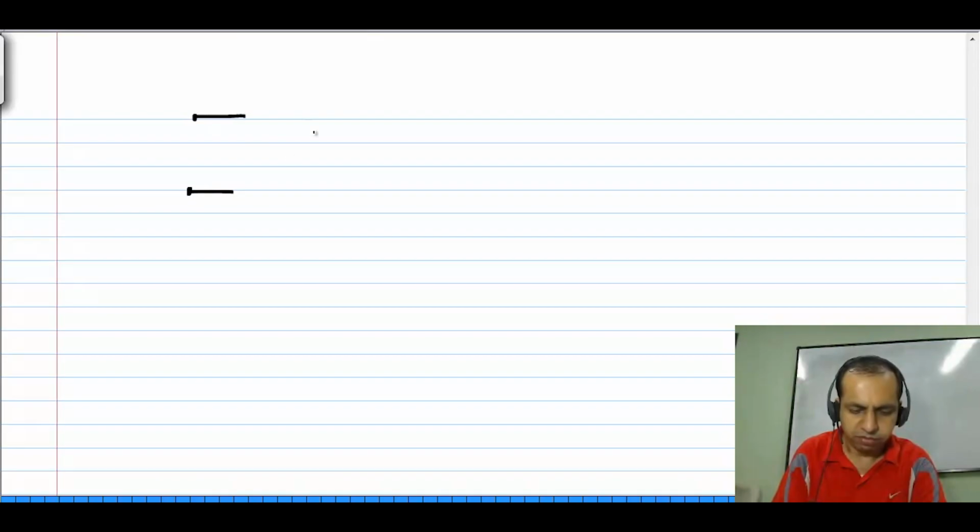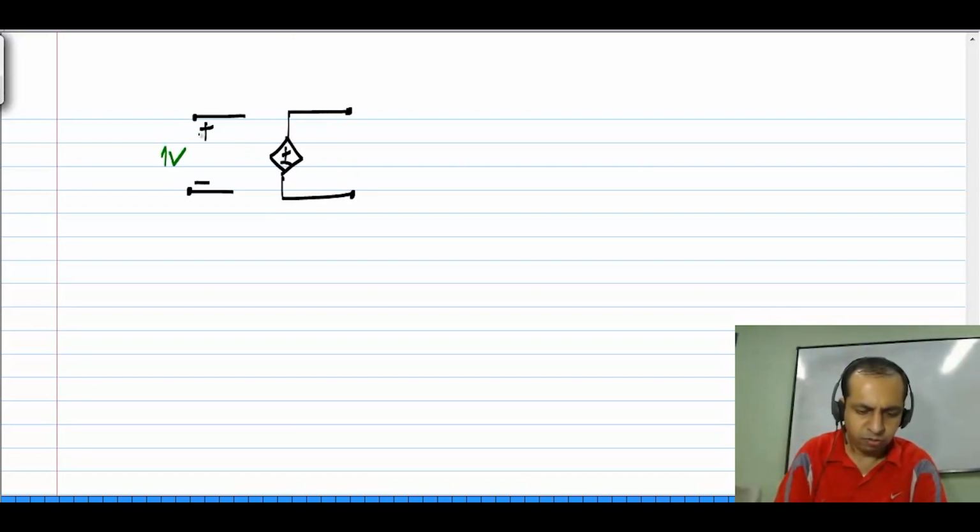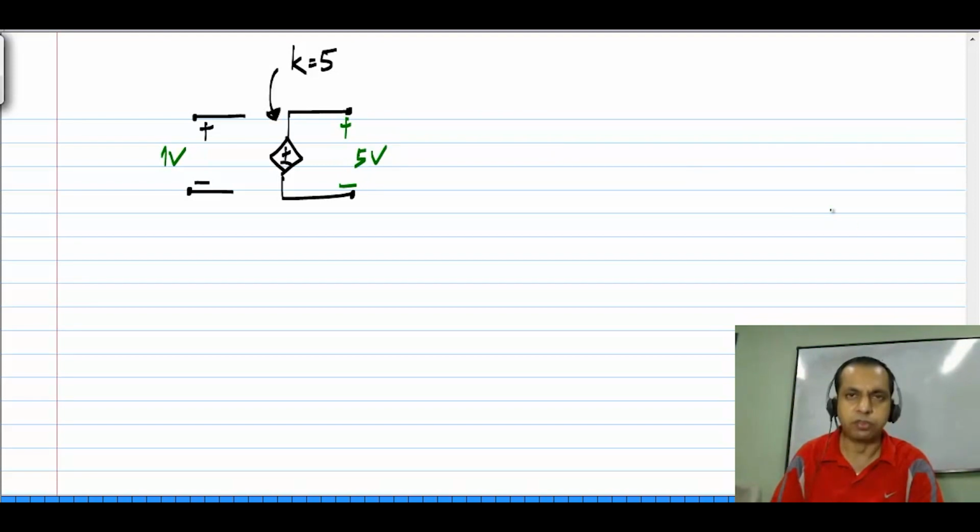As far as this course is concerned, it's about circuit analysis. So some circuits will have these control sources, and you have to analyze the circuits with them in place. So you apply these element relationships. The one for the voltage controlled voltage source I have already given. Now, what does this do? For instance, if between these I have 1 volt, and for this voltage controlled voltage source k is 5, then between these two I'll have 5 volts.